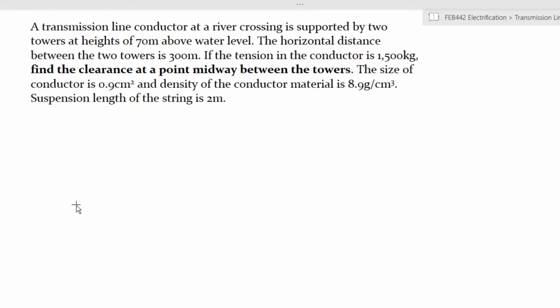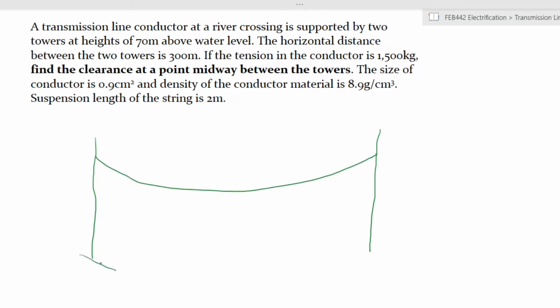A transmission line conductor is strung across a river crossing and it's supported by 2 towers at heights of 70 meters above water level. So that is one tower. Let's represent the other tower by this much, and it is strung across that, and you have your water here.